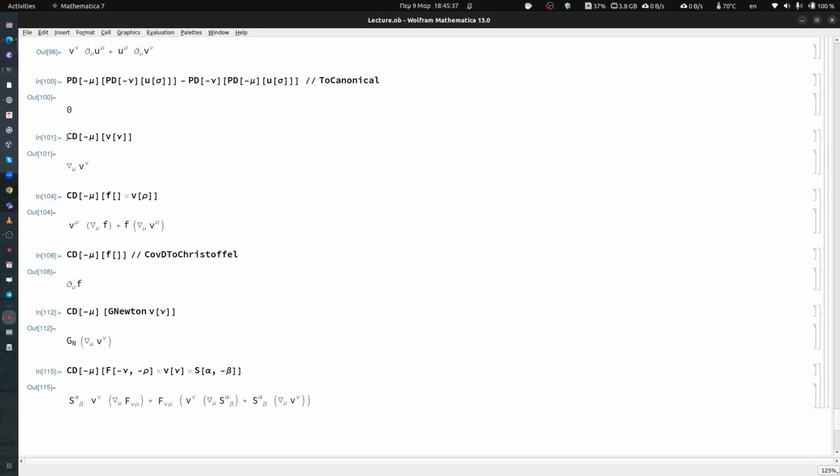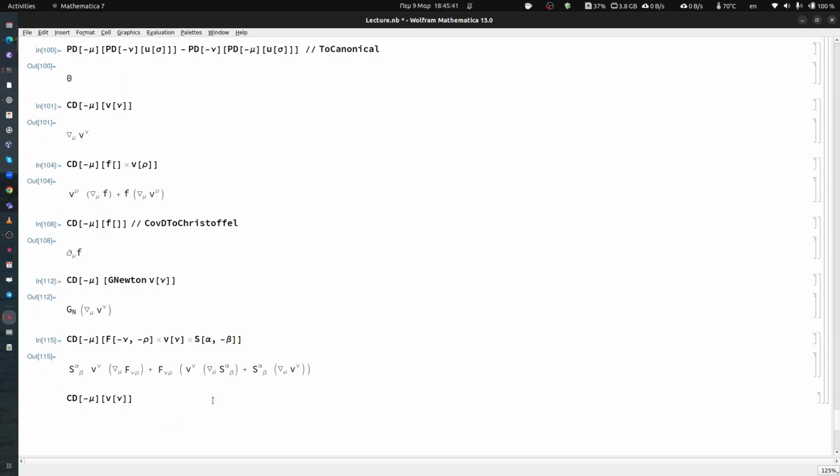So let's take the action on a vector, like we have already done, and then apply the function CovDToChristoffel. So you see here that we have an expression that looks familiar, has the partial derivative, and then the correction that is done by the Christoffel symbols.